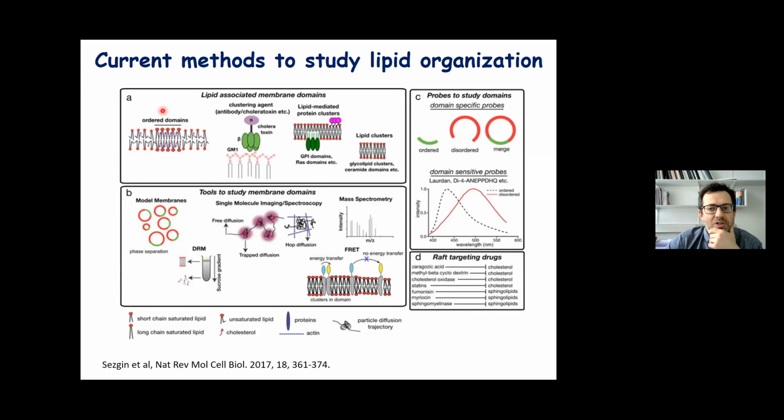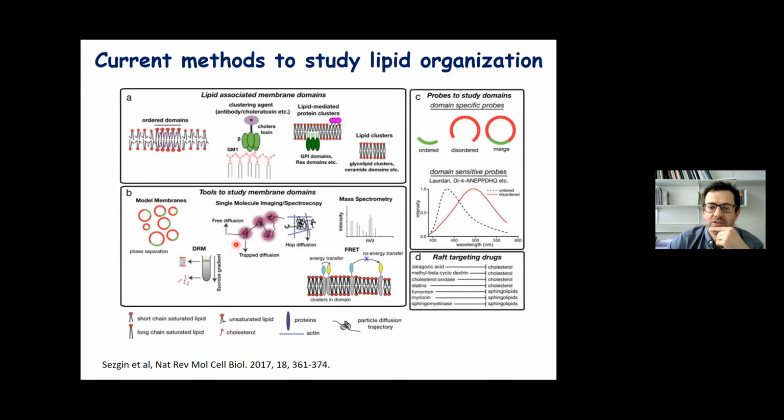In particular, you have a number of methods based on labeling of those structures using cholera toxin and GPI proteins. And then you have tools, and this comes from recent reviews of Gardini and colleagues, to study membrane domains using model membranes like giant vesicles.